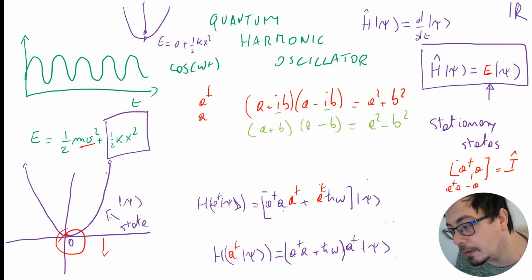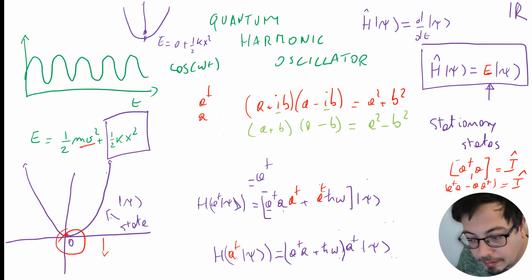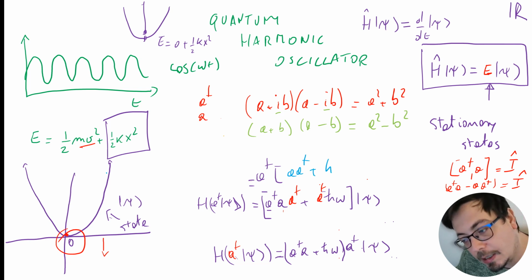It's a compact way to write this difference of operations. Now we have this oddly complicated structure, but we can do one easy step, which is to extract the purple a dagger here and this one here and put them on the other side, and inside now we have a dagger a plus h bar omega, psi.